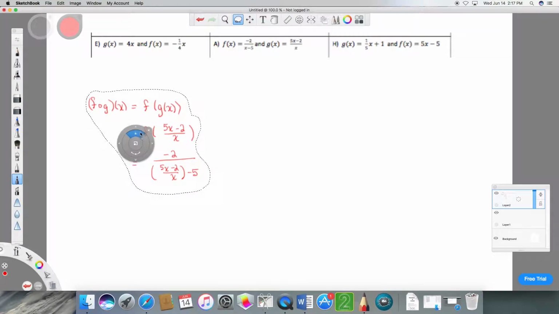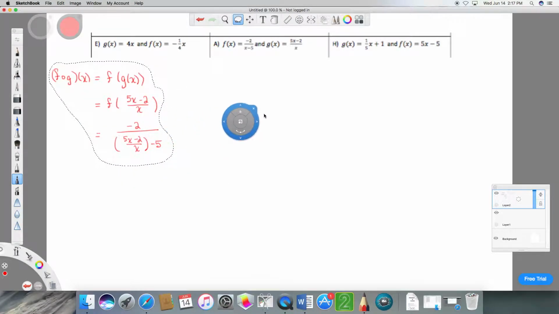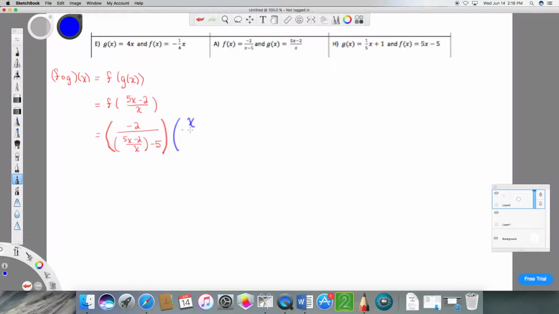So within that denominator, I see a fraction, and within that fraction, I see a denominator of x. So that's where I'm going to start. I'm going to multiply this ratio by the number 1, but I'm going to write 1 as x divided by x. And the reason I'm choosing that is because of this denominator. It's easy to multiply fractions together.